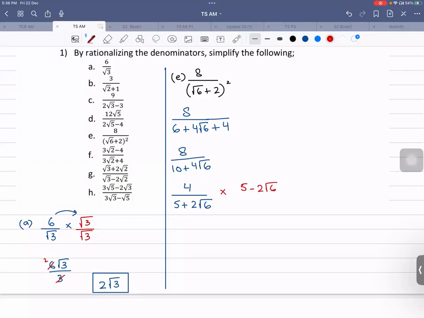5 minus 2 square root 6 upon 5 minus 2 square root 6. Let's make brackets so that we do not make a mistake. Denominator is always going to be a square minus b square, always.